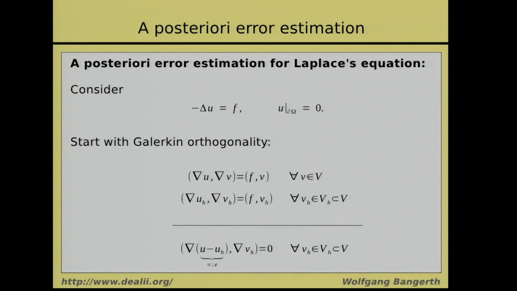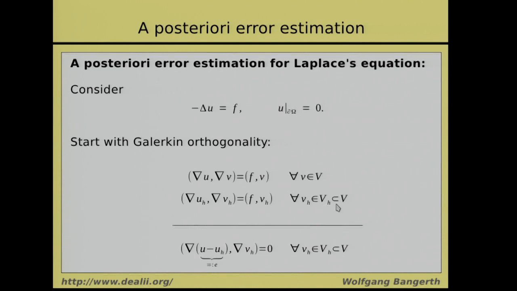And the discrete finite element formulation would be: find a u_h so that gradient u_h times gradient v_h is f times v_h for all discrete test functions v_h in my finite element space V_h. And for conforming finite element methods, we choose V_h as a subset of V.